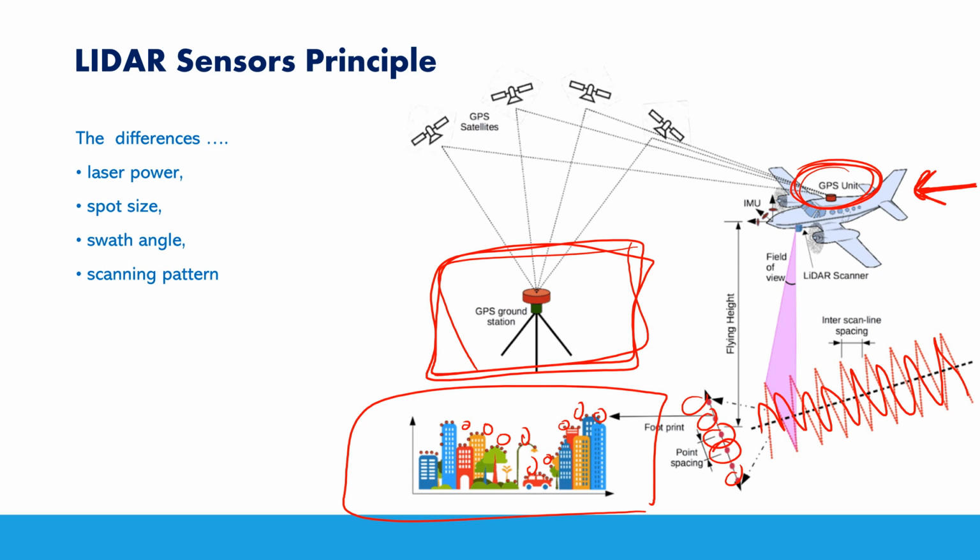Okay, and don't forget the inertial measurement unit here that will provide information about the orientation of the aircraft or the scanner, and then all of the information gathered from the GPS system, IMU system, and the laser scanner as well would be processed to produce the final raw LiDAR data, as I have just mentioned. That includes X, Y, Z, etc., some more information.